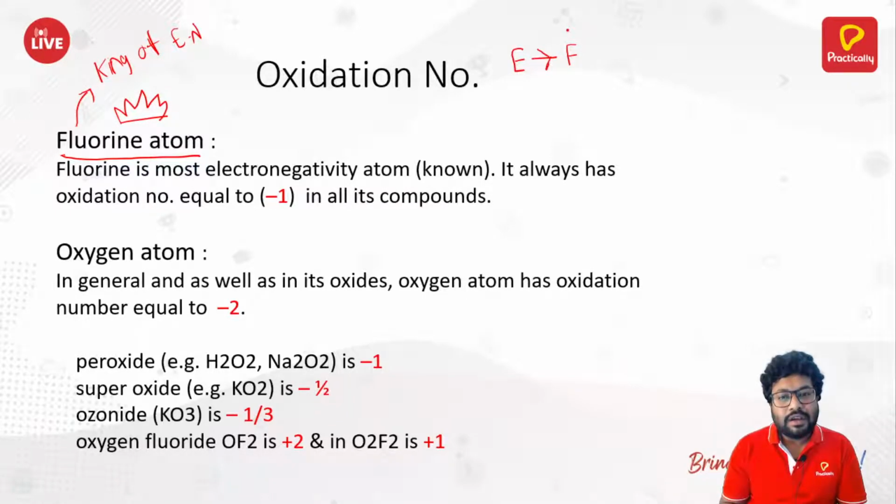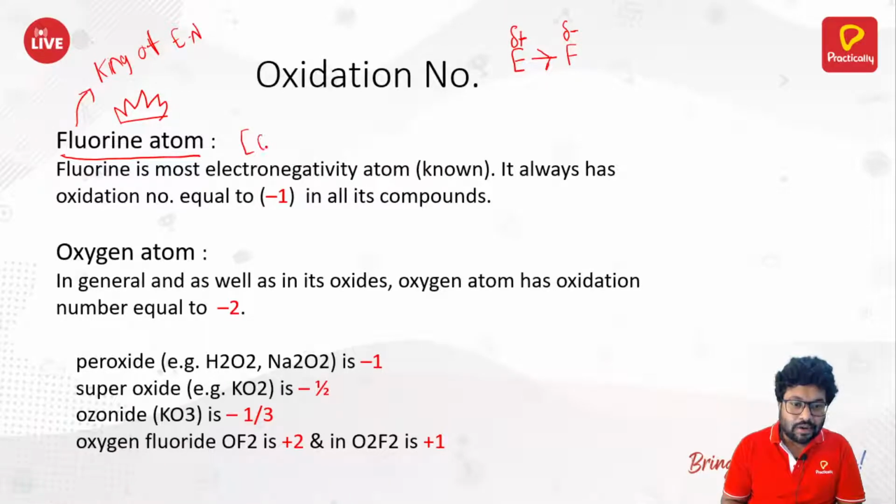When that happens, fluorine will acquire a partial negative charge and your E, whatever element it is, will acquire a partial positive charge. So that is the case always. That is why fluorine is literally having a crown of king of electronegativity. So fluorine shows only two oxidation states.